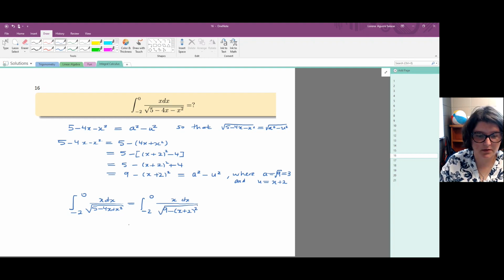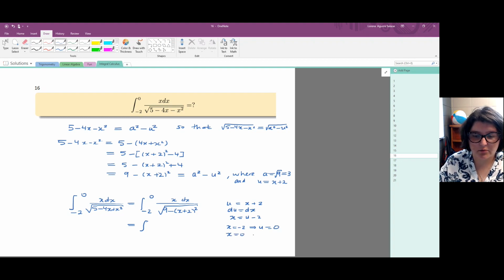This is when we use the substitution u equals x plus 2, so du is the same as dx, and x is u minus 2. When x equals -2, u is equal to -2 plus 2, and that's 0.